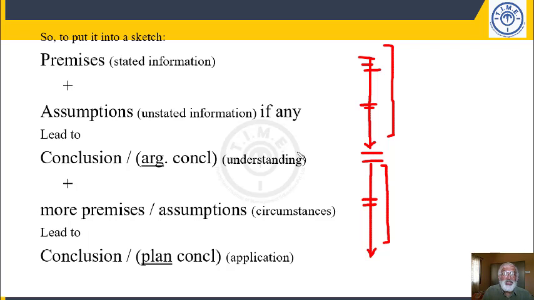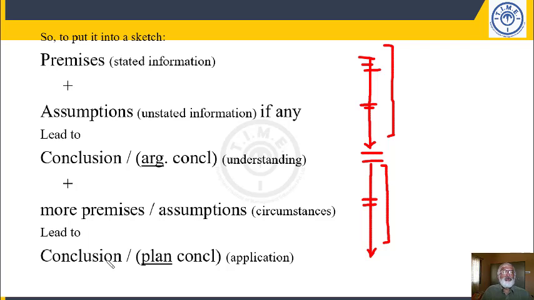So premises plus assumptions would be your basis at logic levels, and would lead to a logical understanding, which we would call a conclusion. But if we go forward, then that becomes an intermediate understanding. And then we add more premises or assumptions, which are circumstances, to arrive at the final plan conclusion that we have in mind. So this, if we put it in a sketch, makes things fairly clear.